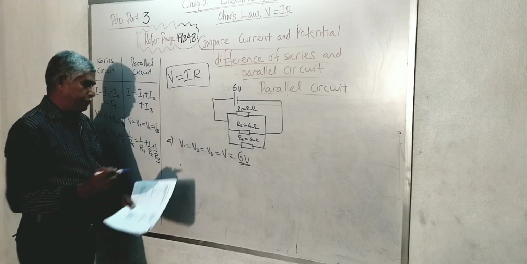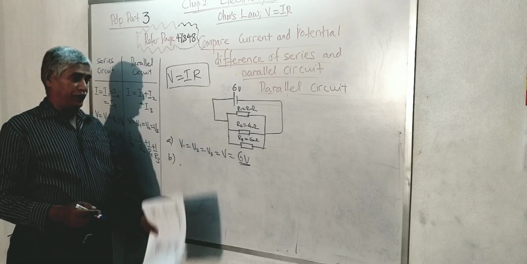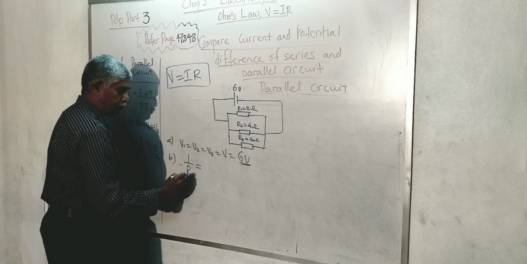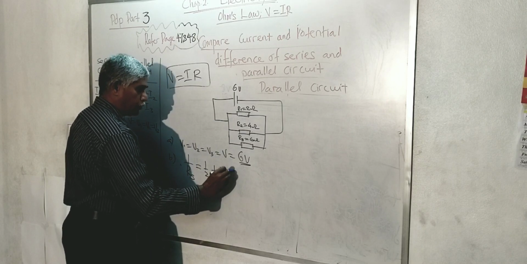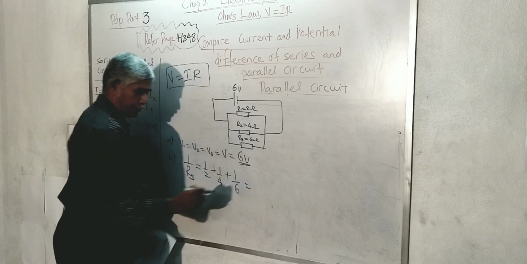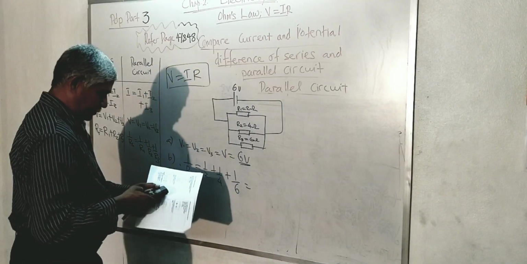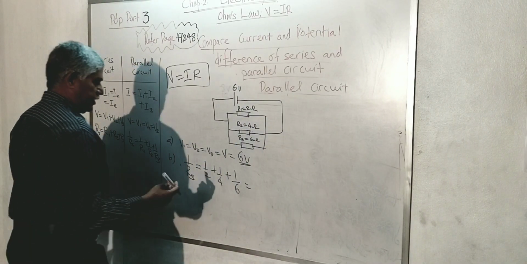For question B, they want to know the effective resistance R of the circuit. They are in parallel, so 1 over 2 plus 1 over 4 plus 1 over 6. We do it in fractions, it's easier.